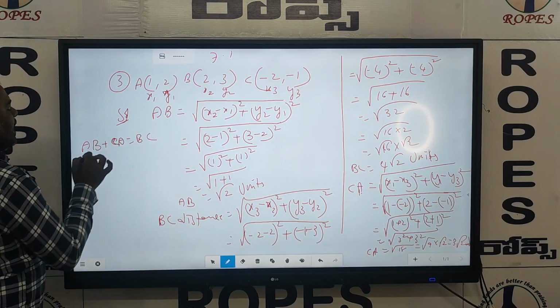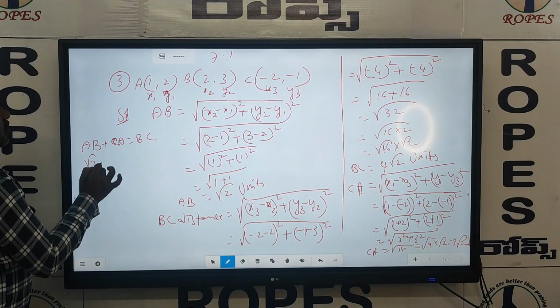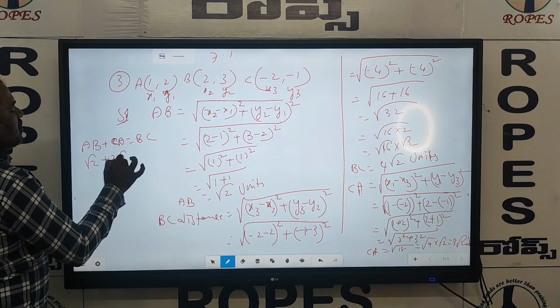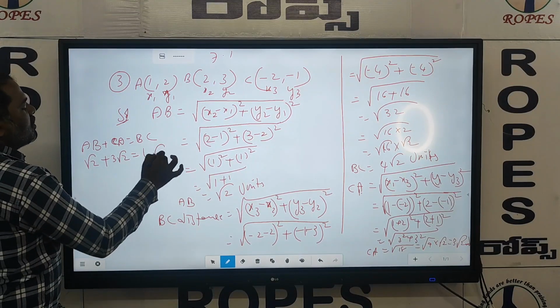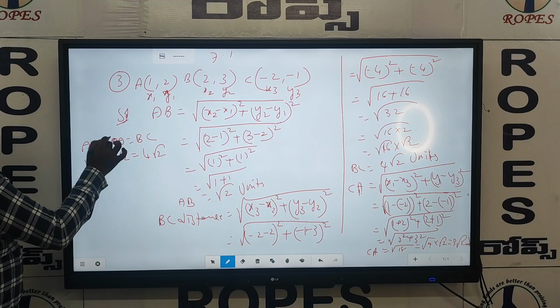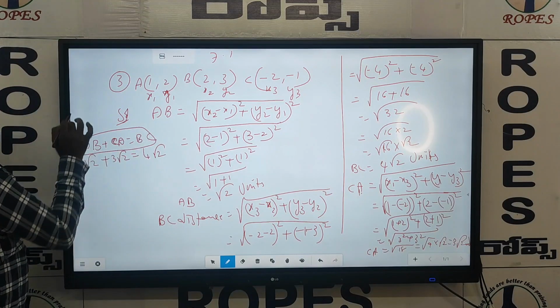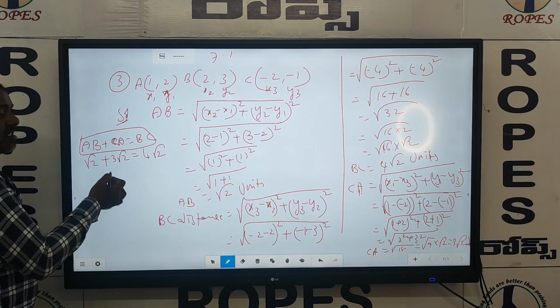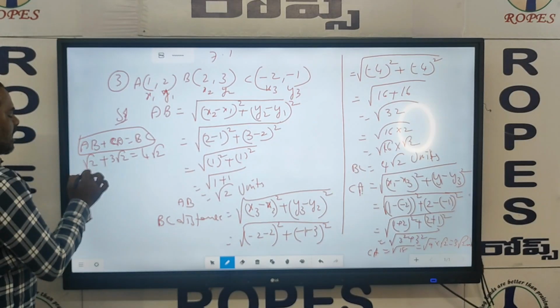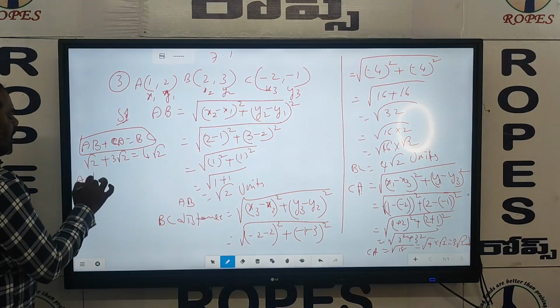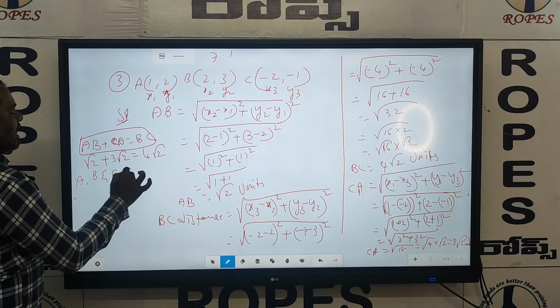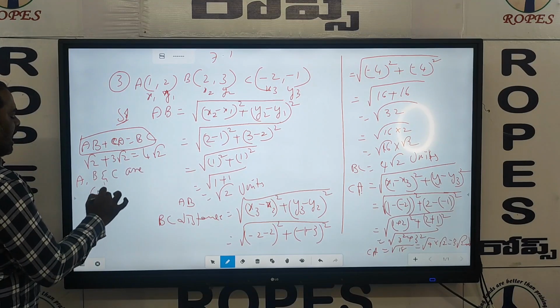AB distance is root 2, CA distance is 3 root 2 and BC distance is 4 root 2. So here AB plus CA we are getting as BC. So the sum of two distances is equal to the third distance. So here A, B and C are collinear.